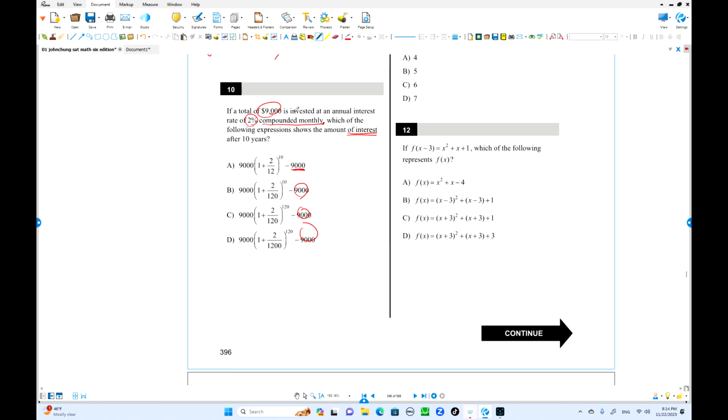Annual is about 0.02. That is the annual interest rate. Monthly you can divide by 12, okay? Or 2 over 100 divided by 12 is what? 2 over 1200. You can use this one too. That's the monthly rate.